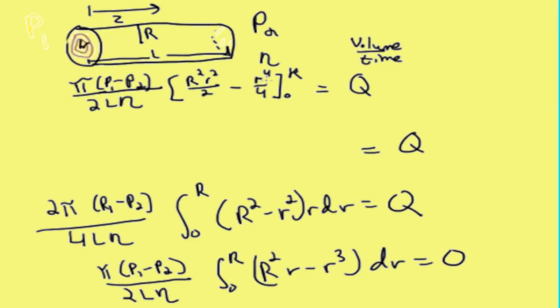When we put in 0, we're just going to get 0 to the 4th and 0 squared, so we're not going to write that one down because it's just going to be 0.